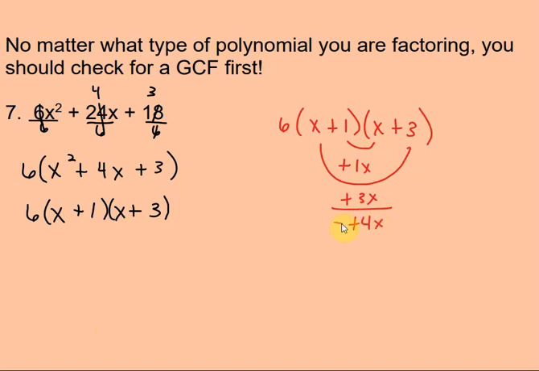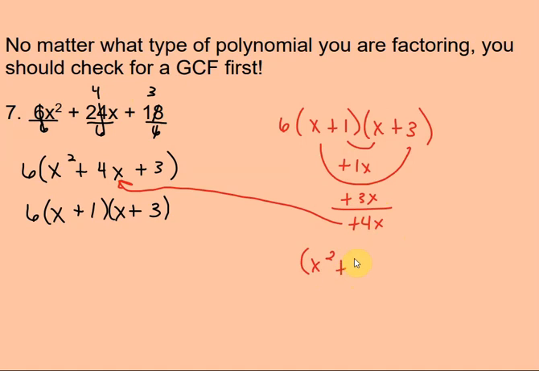Well, this would be the same as what I had before or after I took out the 6. If I wanted to keep going and make sure all the way to the back that I did it correctly, I would need to multiply the rest of these terms and then distribute the 6. So remember, we know that the x and the x give us the x squared.